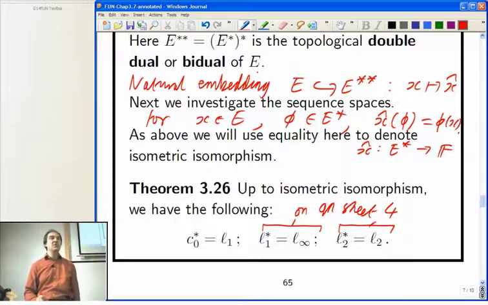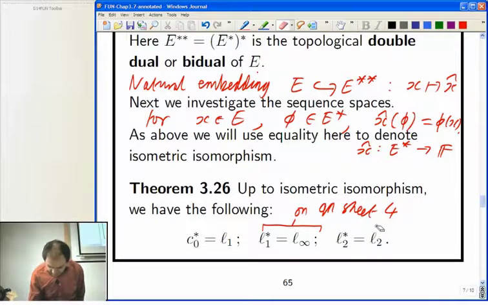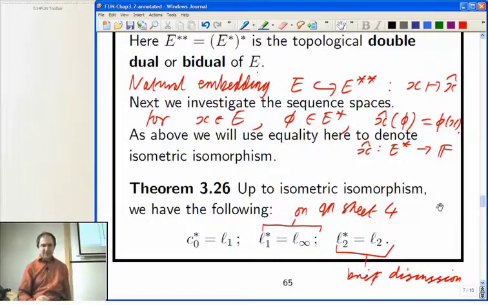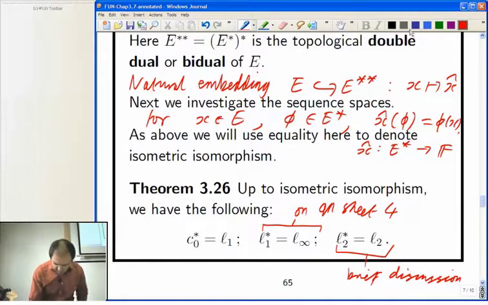But this is actually a Hilbert space result. So we'll discuss this rather briefly, along with some more general stuff about the other LP spaces. But what we'll do is we'll do a full proof of this one here.